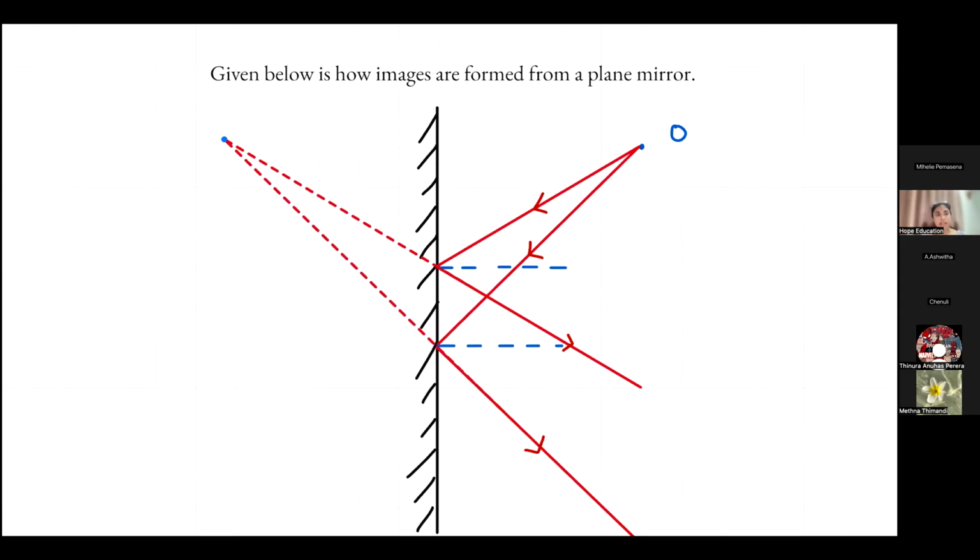Like this. And we can see, okay, they didn't meet in front of the mirror, but they are meeting at the back of the mirror. They're meeting here. This is where the image is.